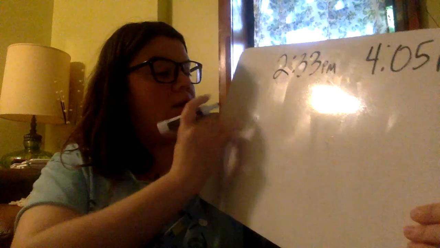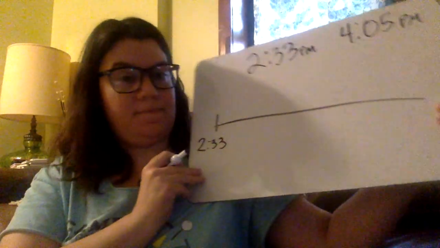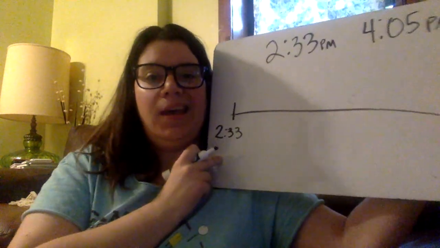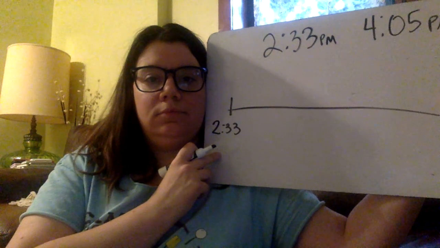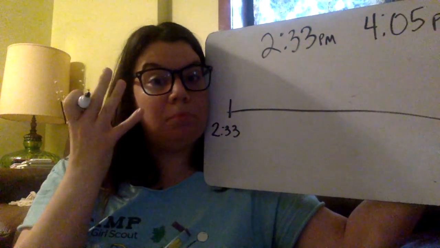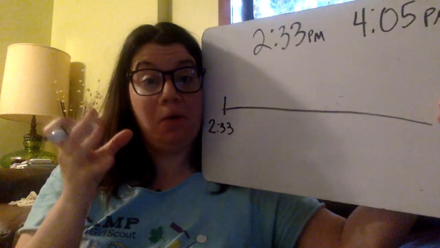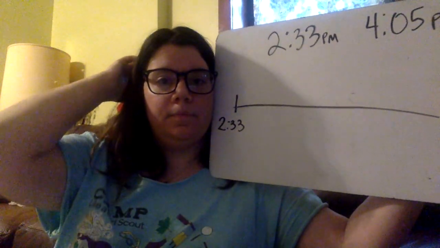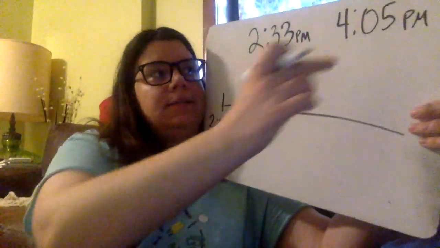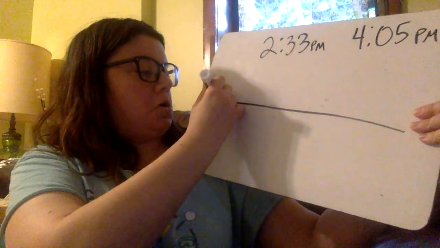So we start off, got our number line, we start at 2:33. Now, it's better to work with some kind of round number, like ending in 5 or 0. So in this case, since we're ending in a 5, let's just go ahead and do that.